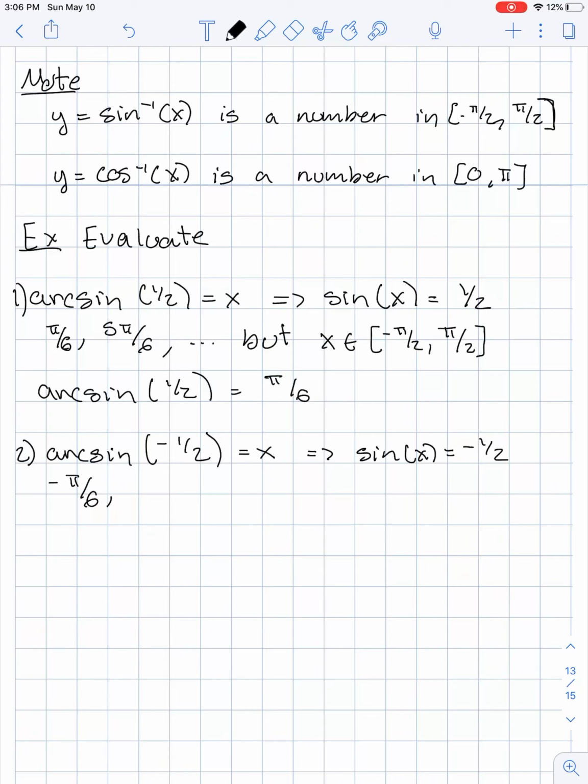That's true at negative pi over 6, 7 pi over 6, 11 pi over 6. But as you can see, the only one I need is negative pi over 6, to be between negative pi over 2 and pi over 2. So that's why we need to choose negative pi over 6.